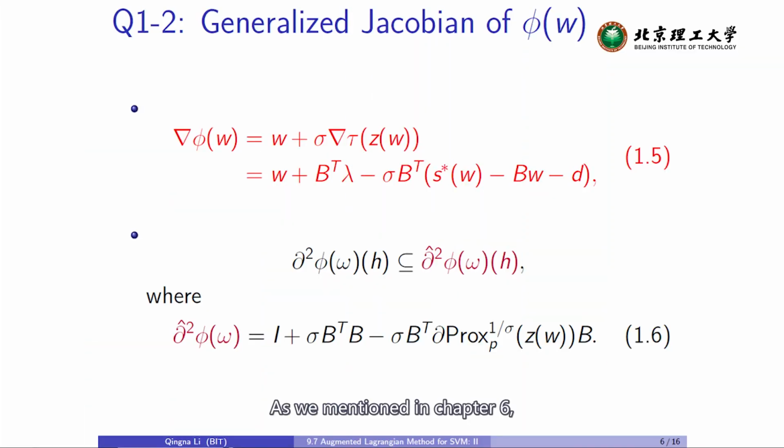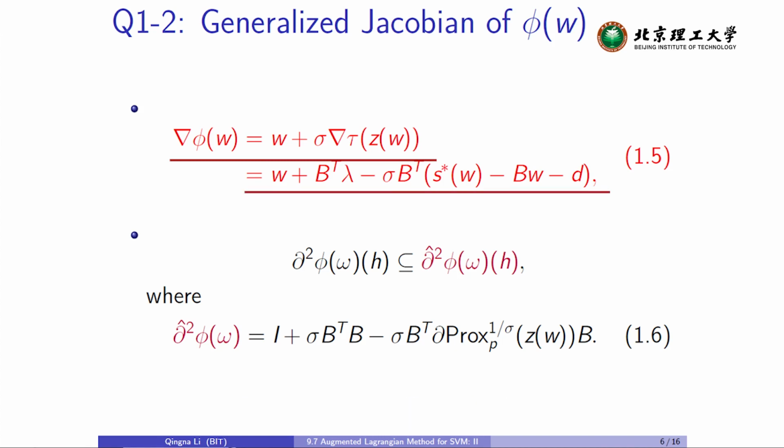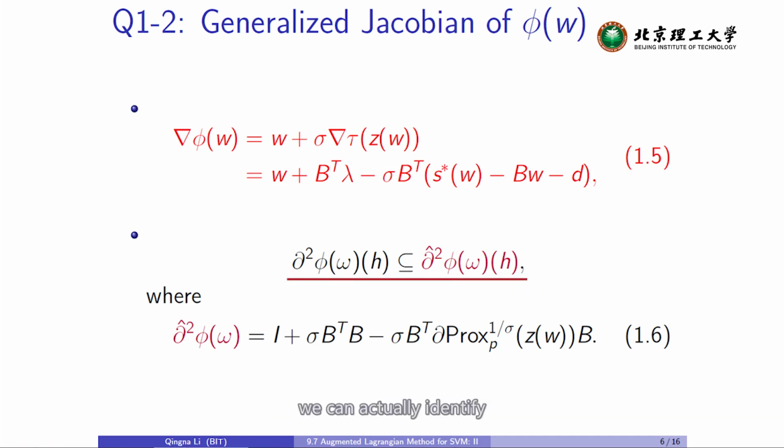Now, let's talk about how we can get the generalized Jacobian of the gradient phi, okay? As we mentioned in Chapter 6, the generalized Jacobian is actually difficult to obtain if you have very complicated functions. However, by the chain rule here, we can identify a larger set of generalized gradient, okay?